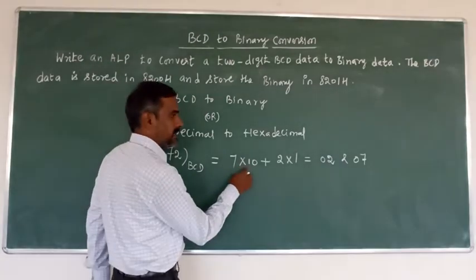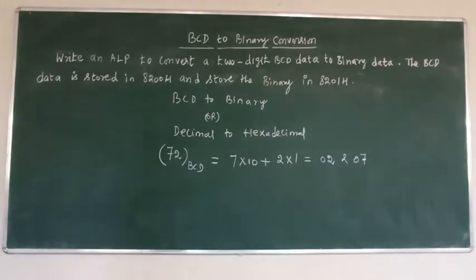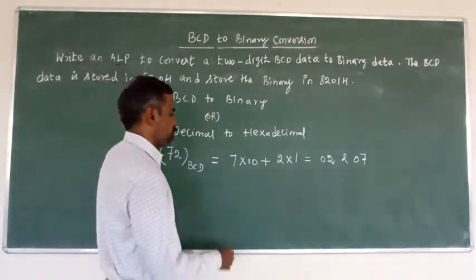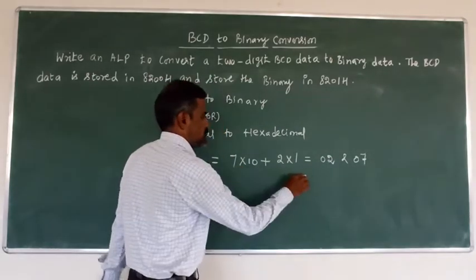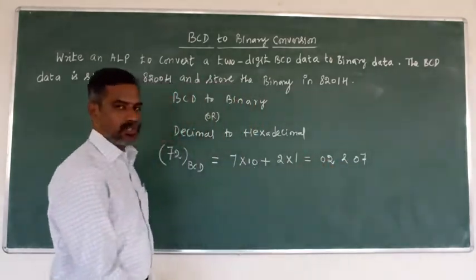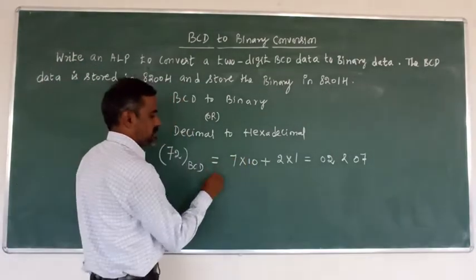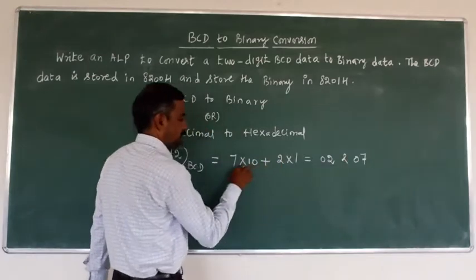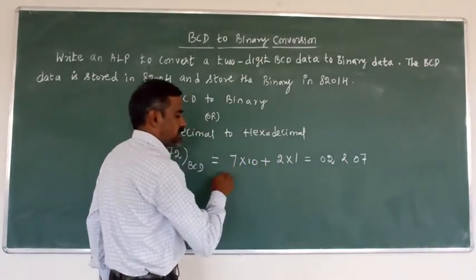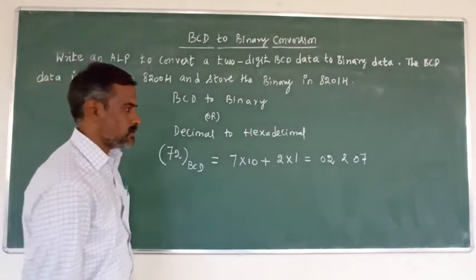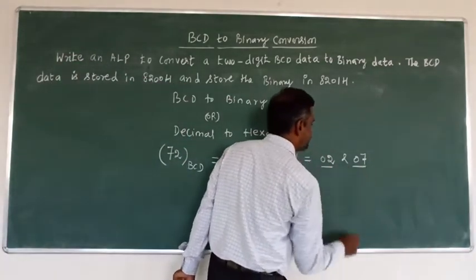Here 7 into 10 means 7 has to be multiplied with 10. First we have to separate 07 and 02, the 2 single digits.